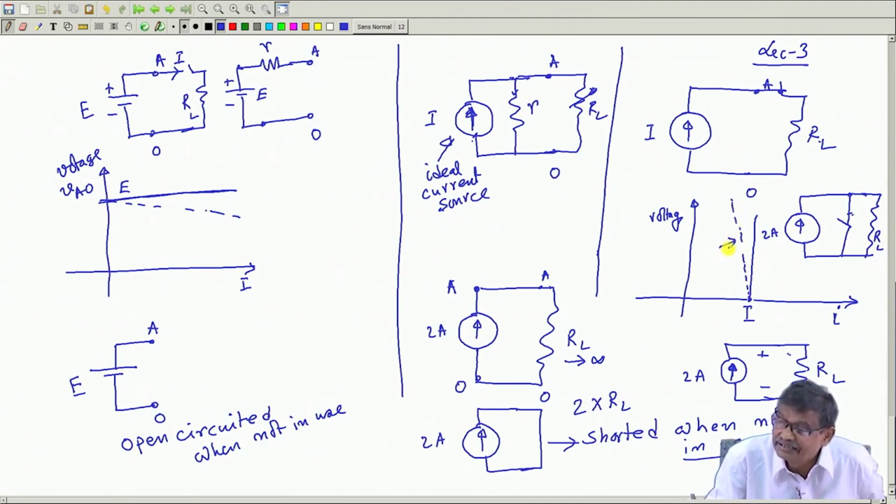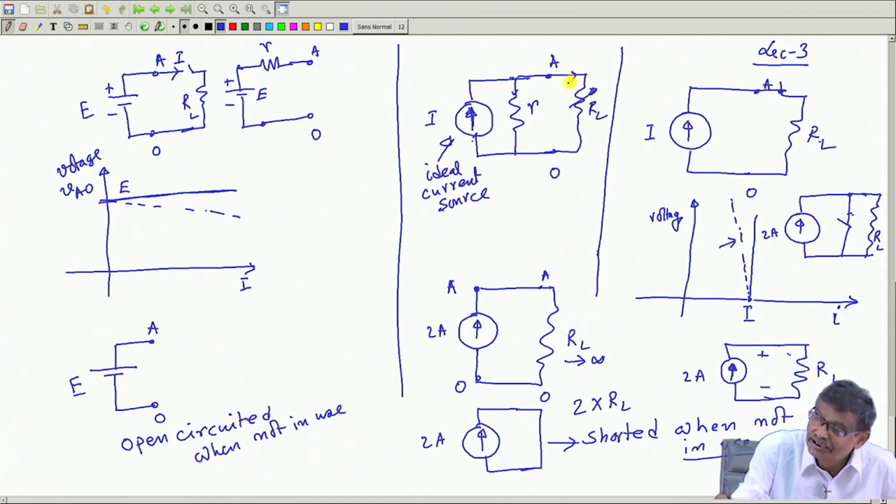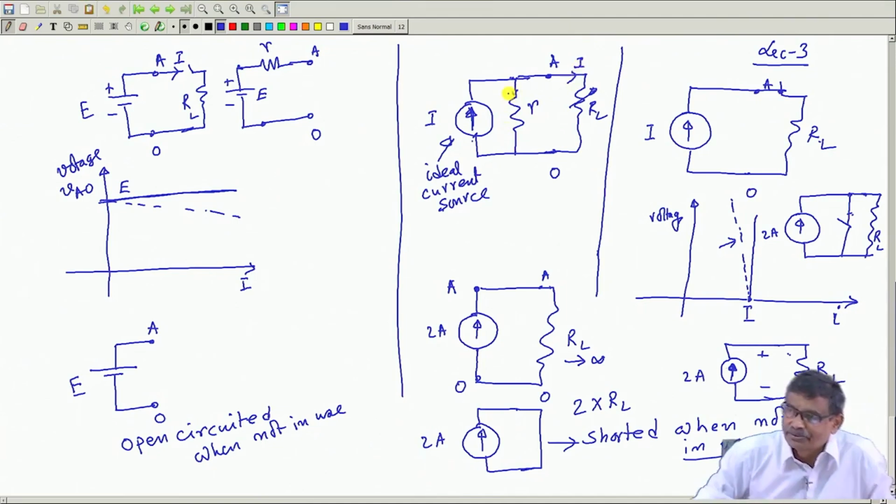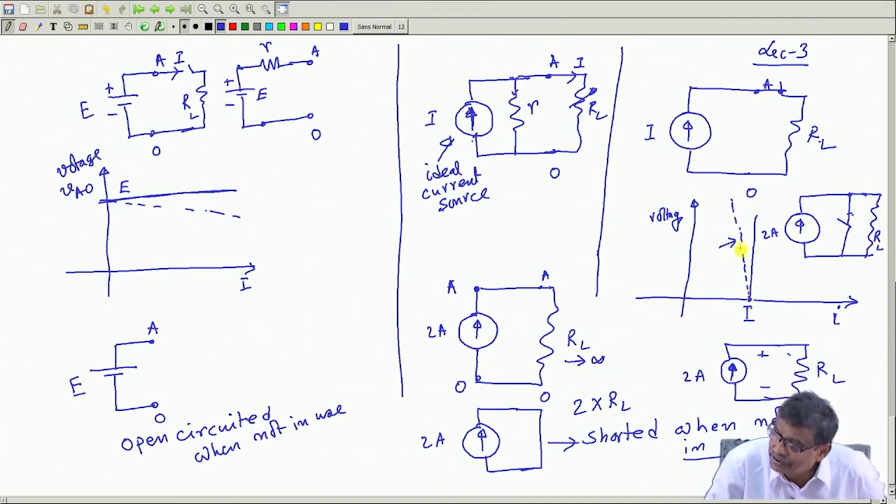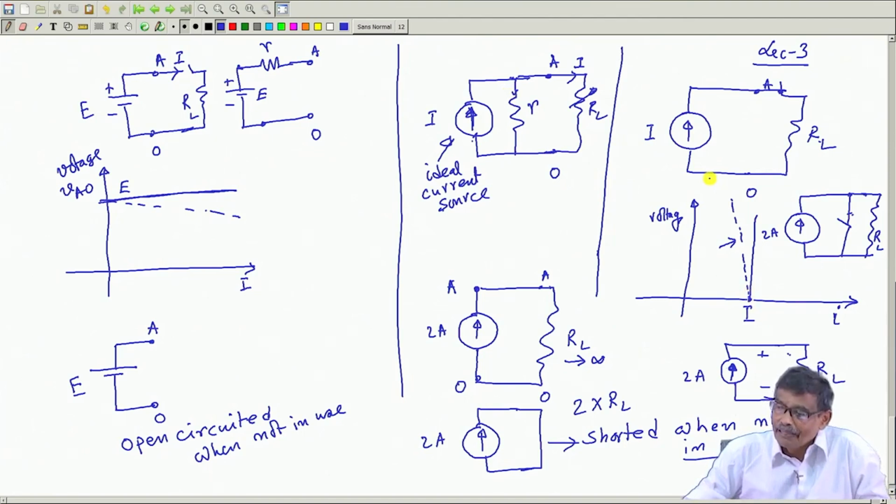This will be the characteristics, because this load current will be I minus this internal current of the current source. So, it will be somewhat like this. I think you have got the point. With this in mind, we can proceed further.